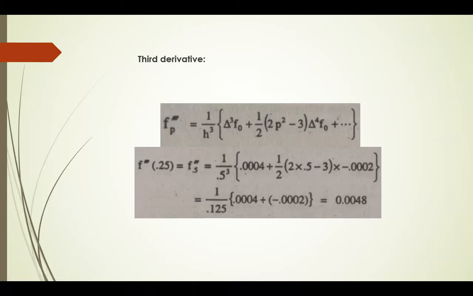So square is missing here, put square here. 0.5 square minus 3 multiplied by delta 4 f naught is this one, and calculating this with the help of a calculator, you will get 0.5 cube is 0.125, this is 0.0004, that is this thing, and this whole calculation gives 0.0048, that is the third derivative with the help of Newton's forward difference formula.